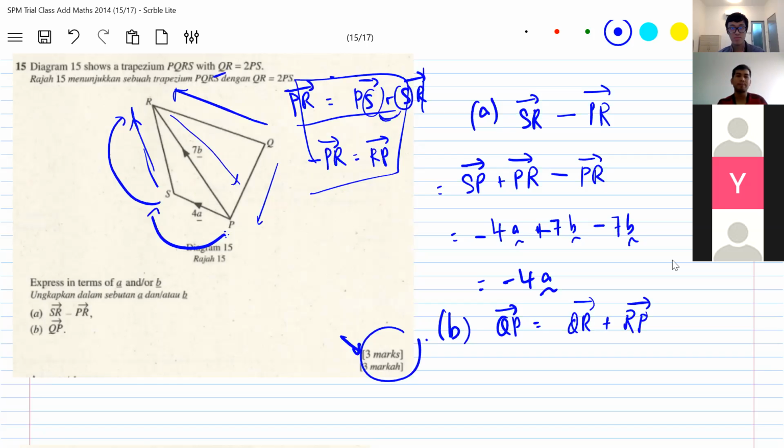Look at your question. QR is equal to 2 times PS. PS is 4A, so 2 times PS will be 2 times 4A. And you already know what RP is. It's just the negative of PR, 7B. And there you have it. That is your final answer.